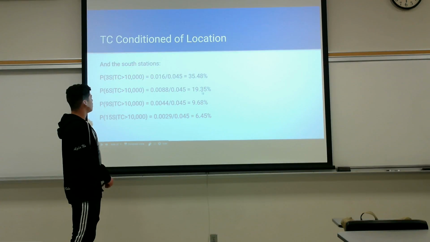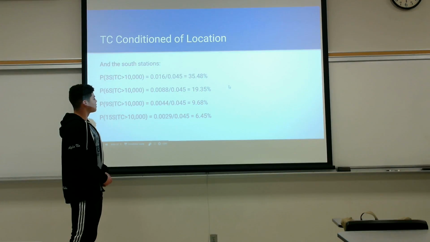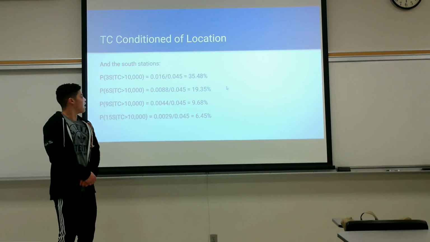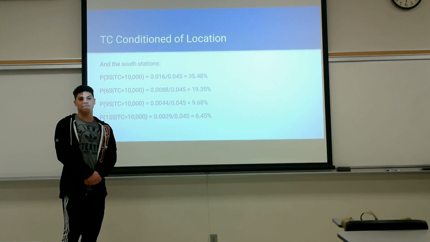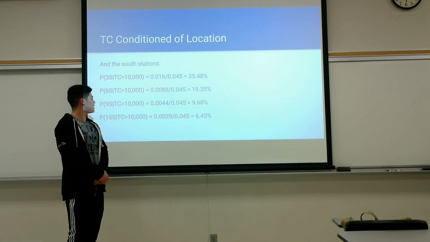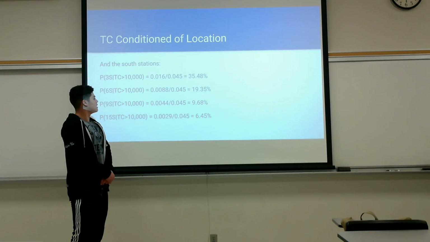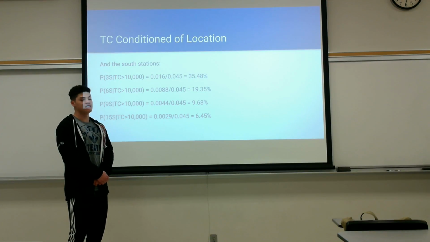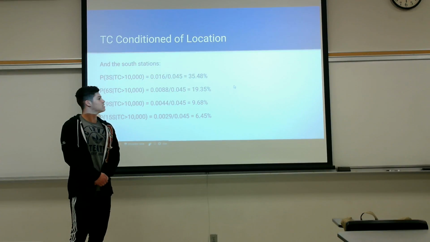The closer you are, the higher the probability. For example, 3 south probability is 35.48%. All of these probabilities did not add up to 1, and the reason is that they are not mutually exclusive. You could have a TC greater than 10,000 at all the stations.